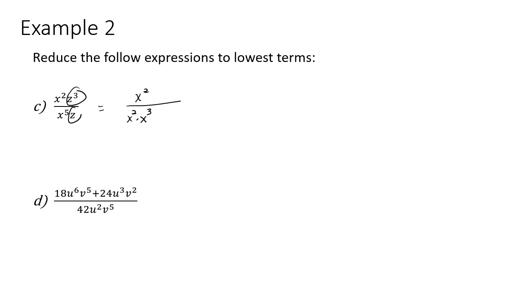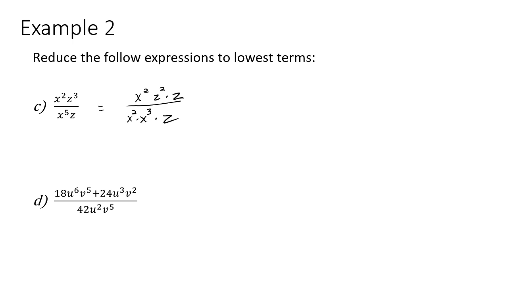And then for the z's, the biggest power in common is just 1. So the top z cubed, I'm going to write as z squared times z to the first power, so that I can cancel that out with the z to the first power down below.